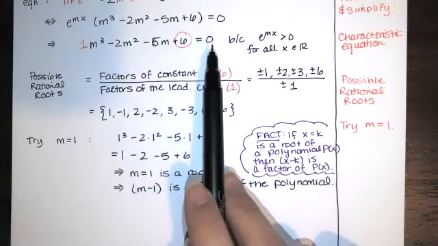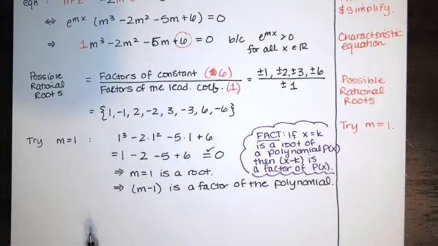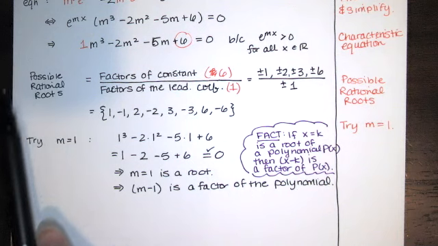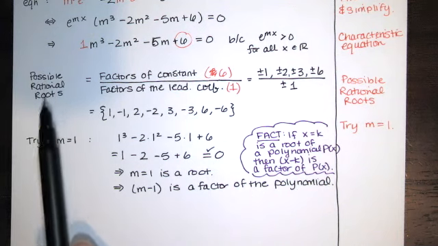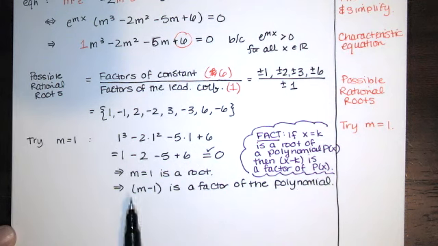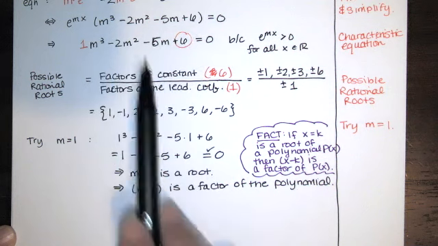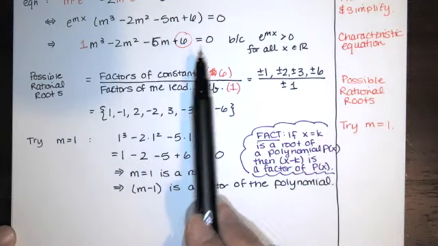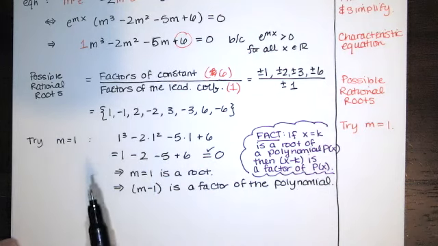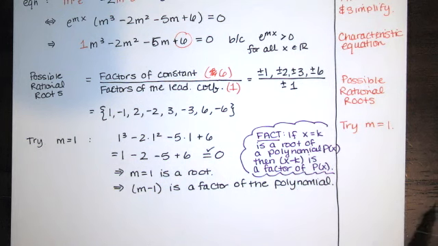So we had this and we wanted to factor it so that we can find the values of m that cause that to be 0. In order to find those factors, we look for roots. Once we find a root, we've got our first factor. Now, if I know that this is a factor, I can factor m minus 1 out from this, or alternatively, I can divide by it, and I'll be left with a quadratic polynomial that we can either factor or solve using the quadratic equation.